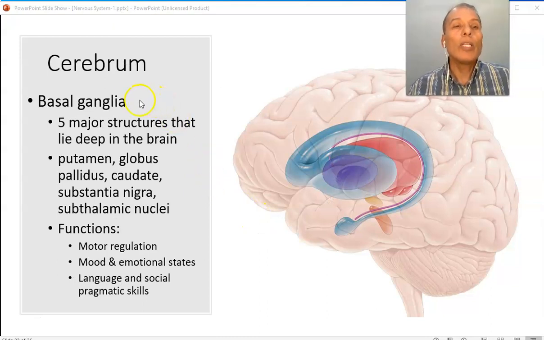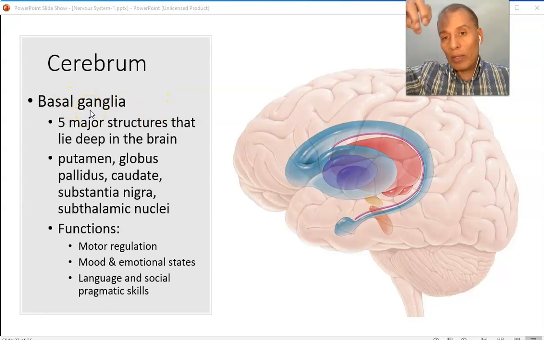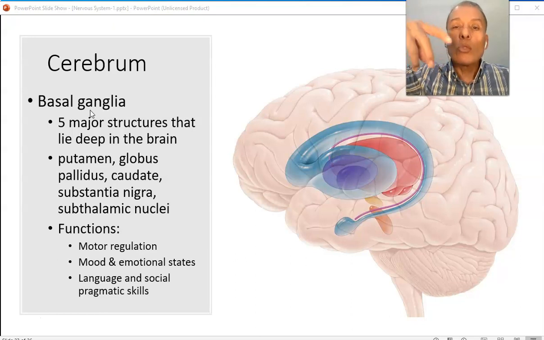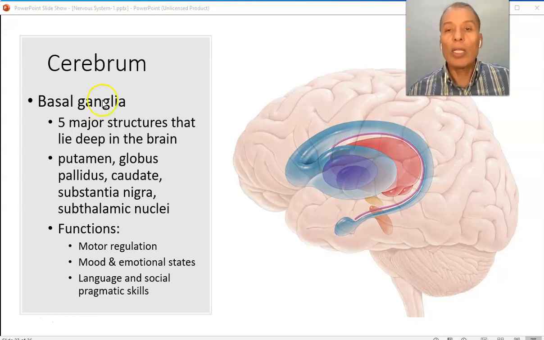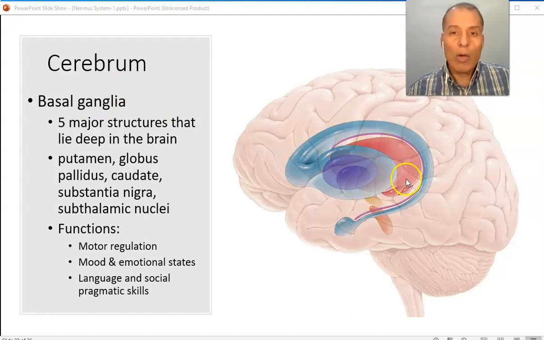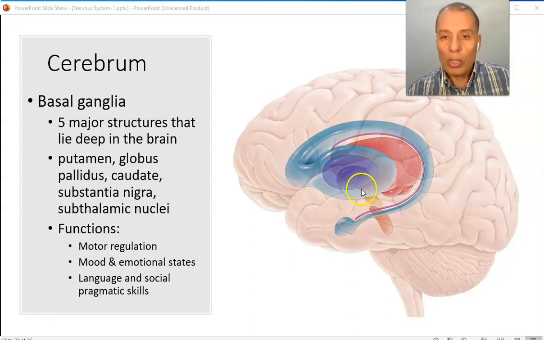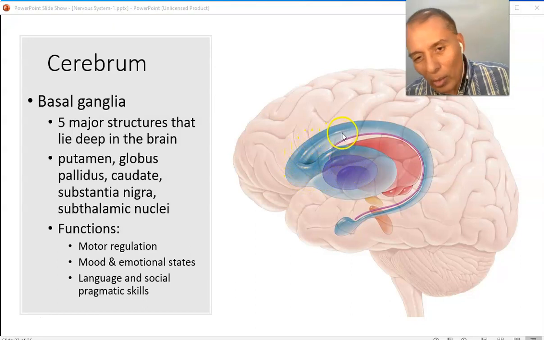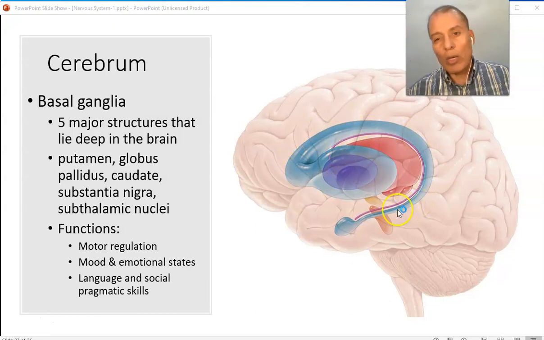The cerebrum also has structures that are deep in the white matter, in the core of the brain, sitting around the thalamus, around the diencephalon. See the diencephalon here, the thalamus in brown. Next to it are two structures, the globus pallidus and the putamen. Then you have this tail coming out and dropping, going around.